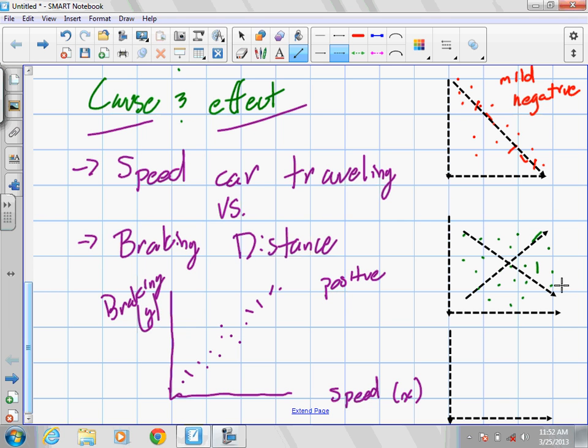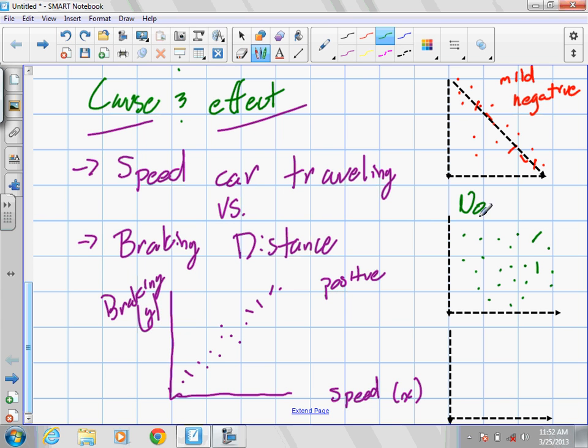So there really is no correlation between those. So this would be considered having no correlation. Okay? So if we take two sets of data and we plot all the points, this data would have no correlation. Mild negative, no correlation. I think that's all I actually wanted. The third graph wasn't that important.